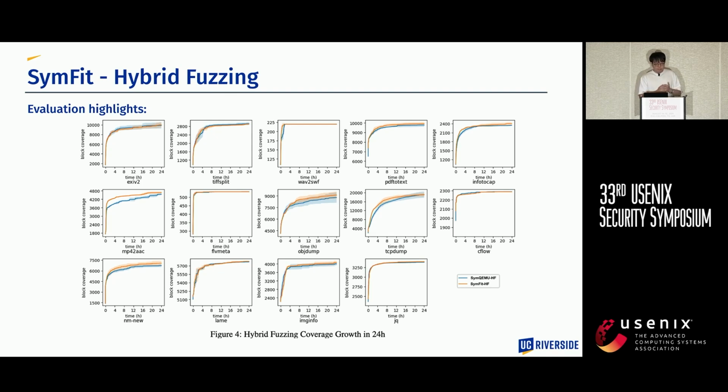We believe this is because in this combination of fuzzing and the concolic executor, fuzzing is still the driving force in the path exploration, and potentially a smarter combination of hybrid fuzzing is needed.